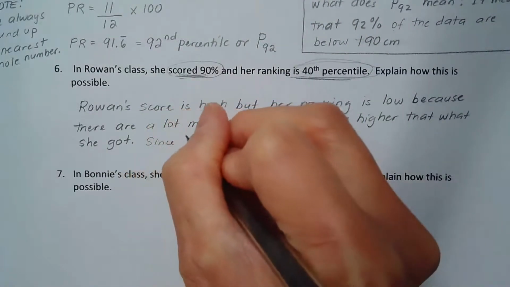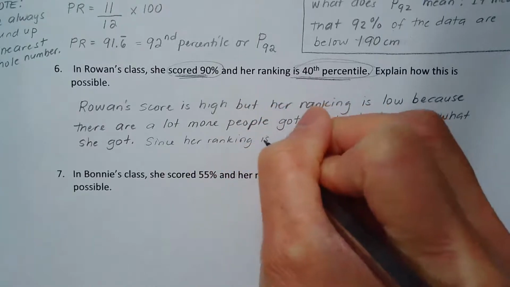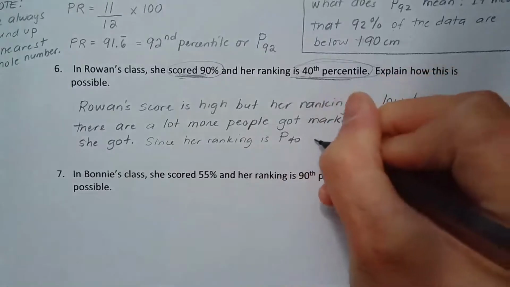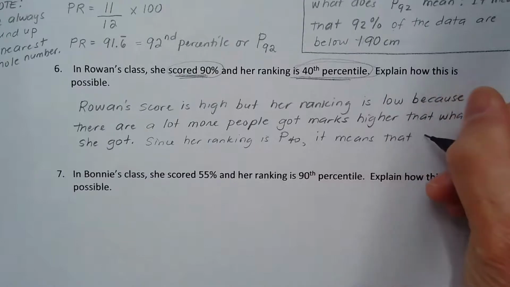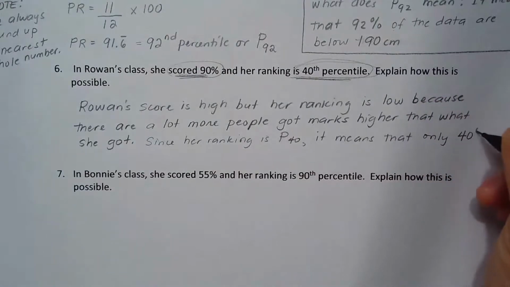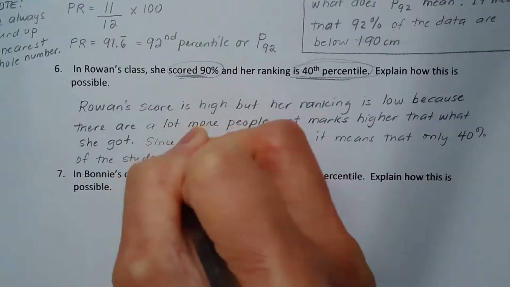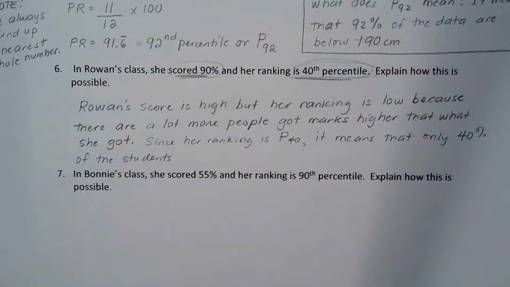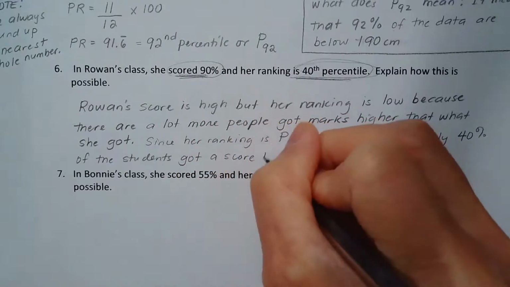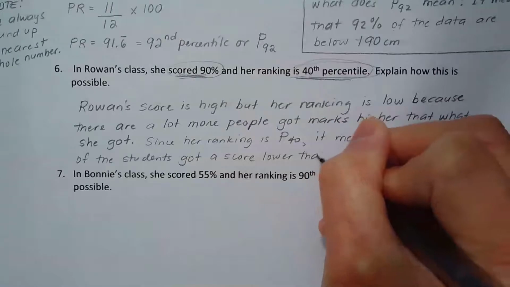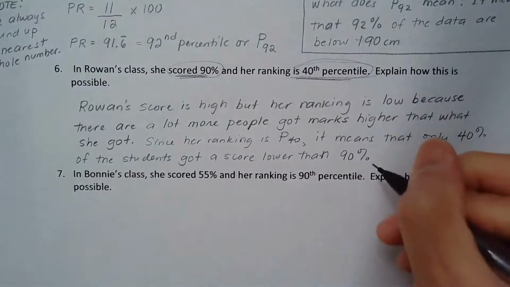Since her ranking is P40, it means that only 40% of the students got a score lower than 90%.